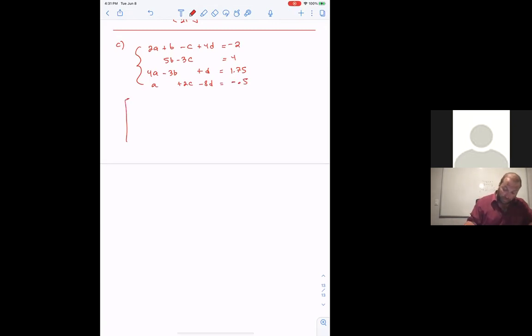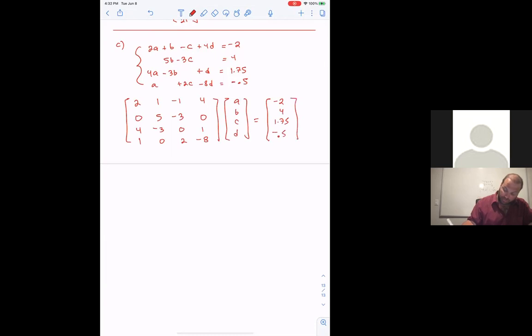First we rewrite it with matrices: 2, 1, -1, 4, 0, 5, -3, 0, 4, -3, 0, 1, 1, 0, 2, -8, times my unknowns a, b, c, d, equal to -2, 4, 1.75, and -0.5.